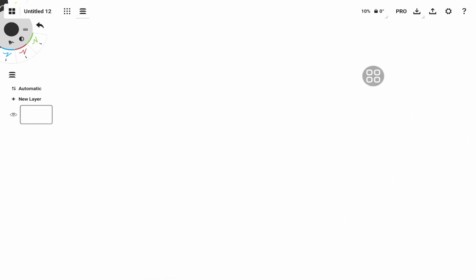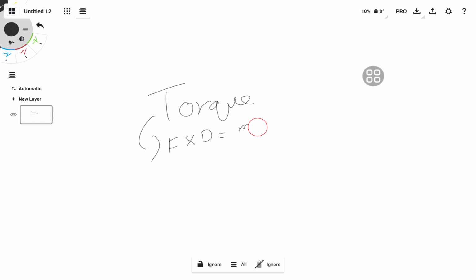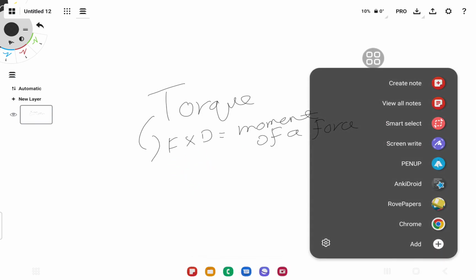Let's talk about torque, moment. Torque is basically F into d, or moment of a force, which is basically the turning effect.